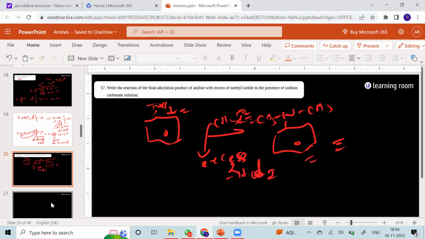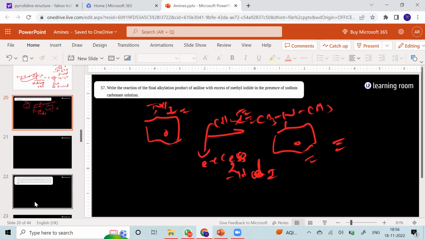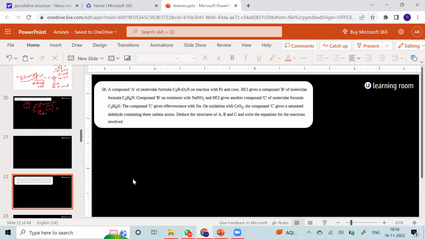Okay. Moving on. An organic compound A with molecular formula C3H7O2N, on reaction with Fe and concentrated HCl, gives compound B with the molecular formula C3H9N. Metal with HCl, tin with HCl, Fe with HCl is a reducing agent.